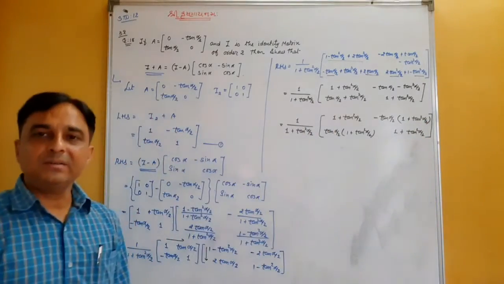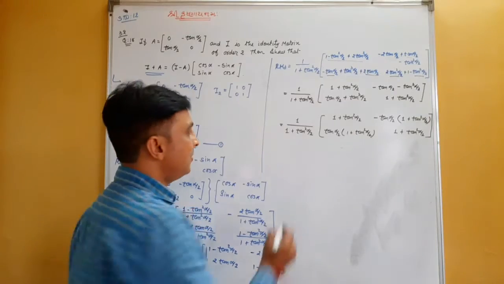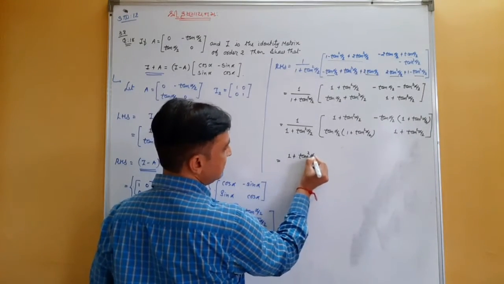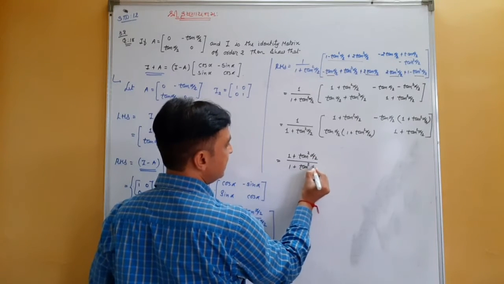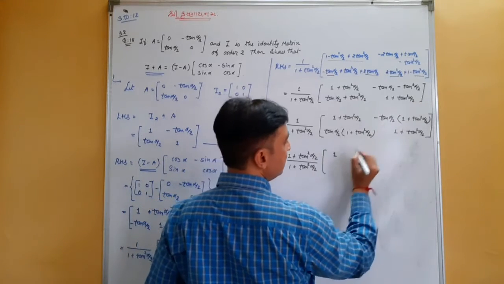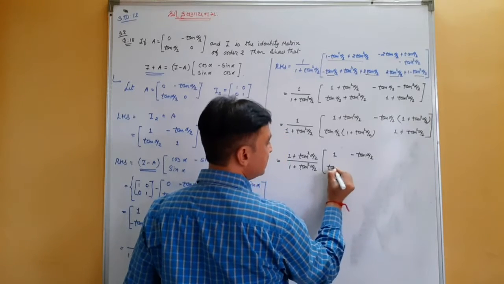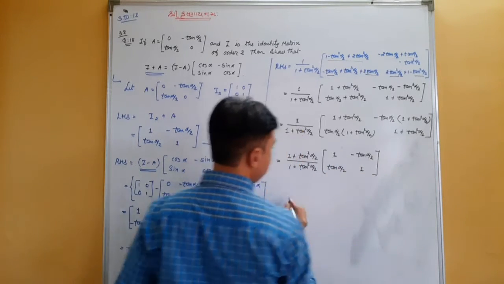Now from all the terms we can take 1 plus tan square alpha by 2 common. So 1 plus tan square alpha by 2, here 1 minus tan alpha by 2, positive tan alpha by 2 and 1.